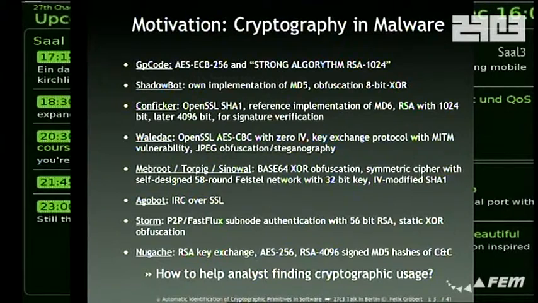Of course, there are other examples of malware, listed here, which use cryptography. Shadowbot has its own implementation of MD5 and also uses XOR for obfuscation. Conficker used the OpenSSL SHA-1 and also a reference implementation of the MD6 submission to the SHA-3 competition.